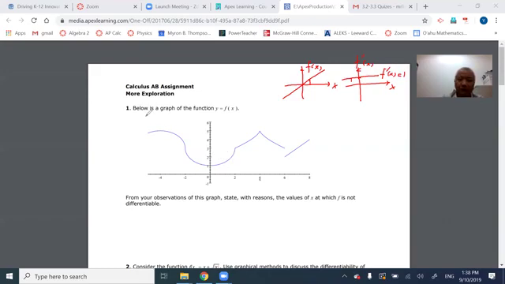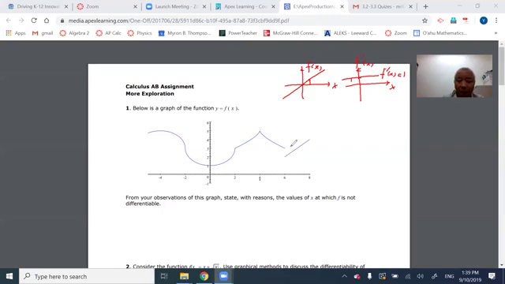Now below is the graph of the function, y equals f(x). From your observations of this graph, state with reasons the values of x at which f is not differentiable.